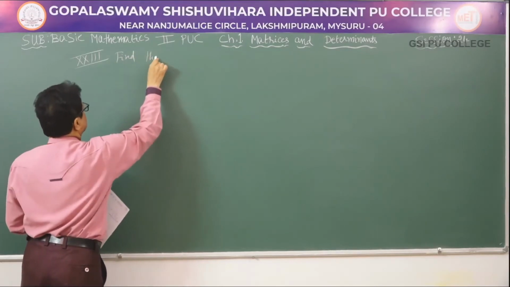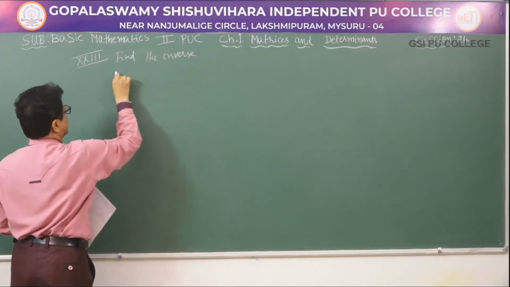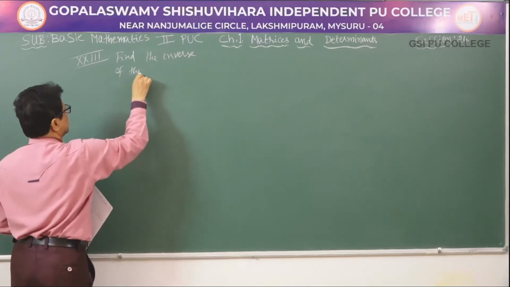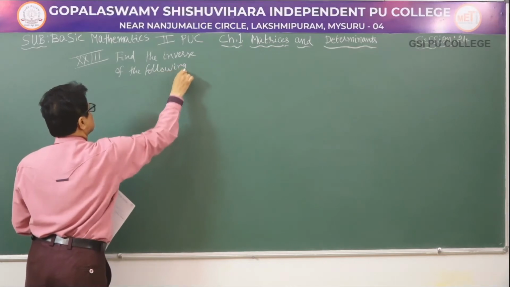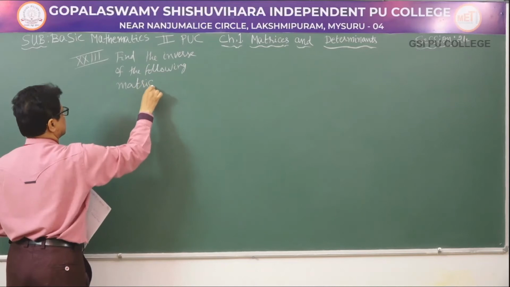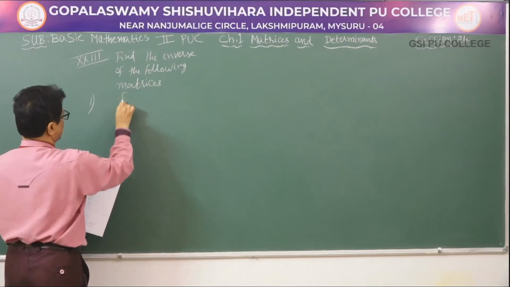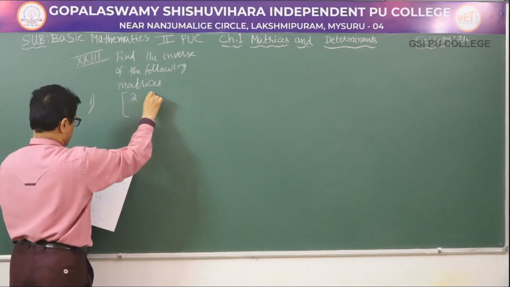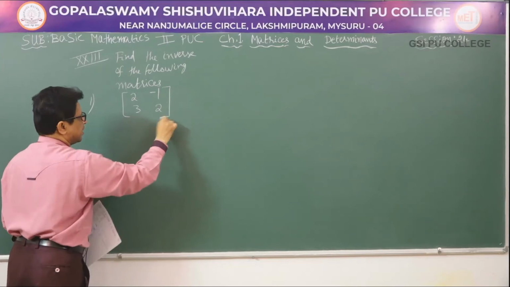Find the inverse of the following matrices. First problem, 2 minus 1, 3, 2.